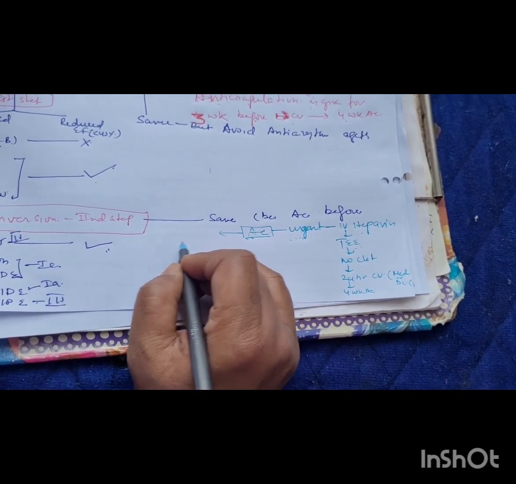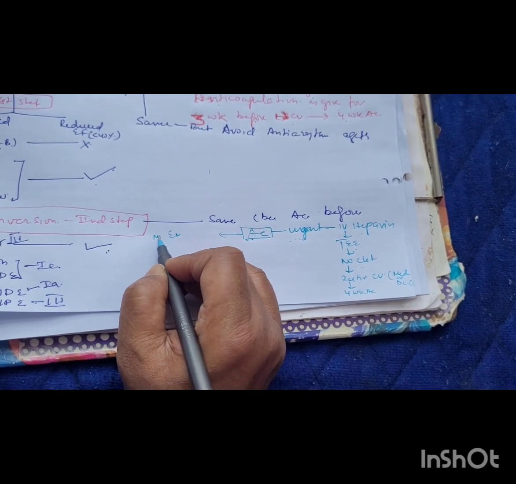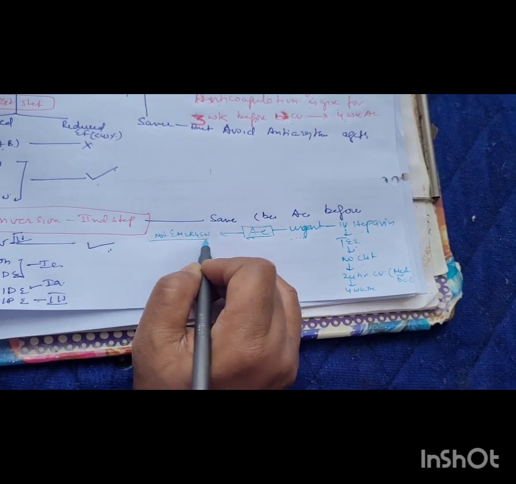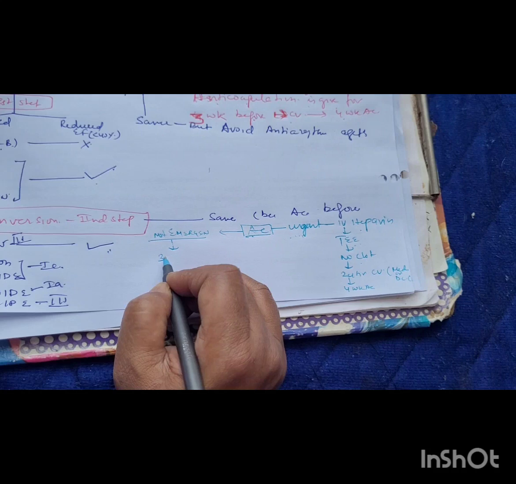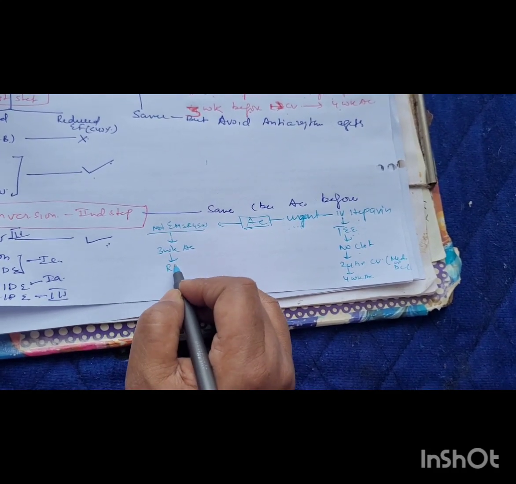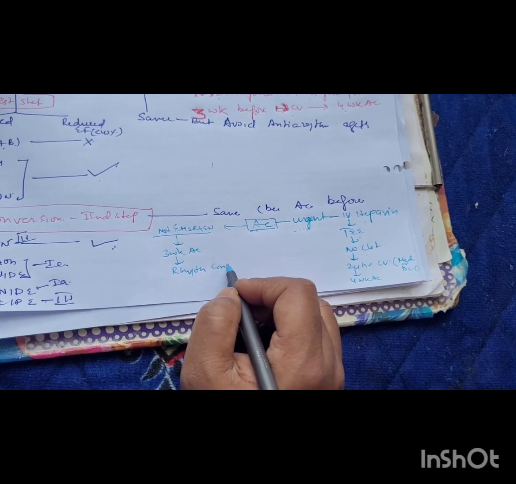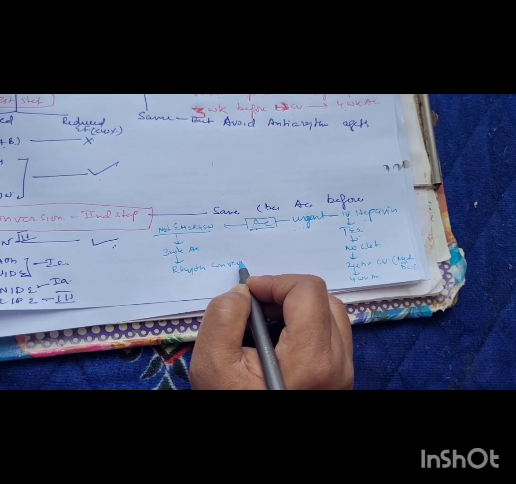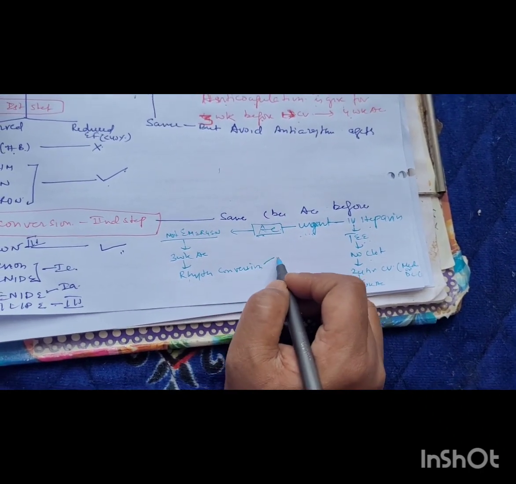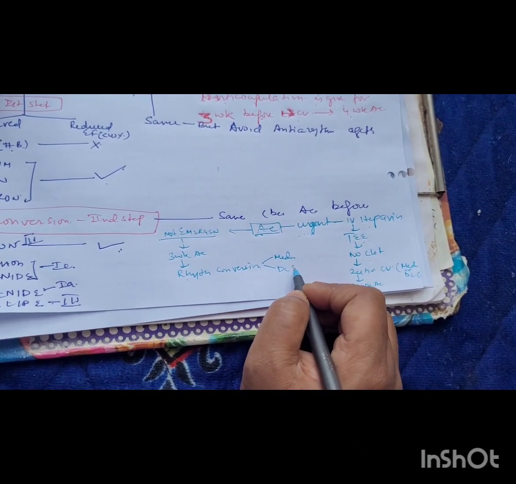If not an emergency, not emergent, 3 weeks of anticoagulation, then rhythm control conversion, either by medicine or by DC shock.